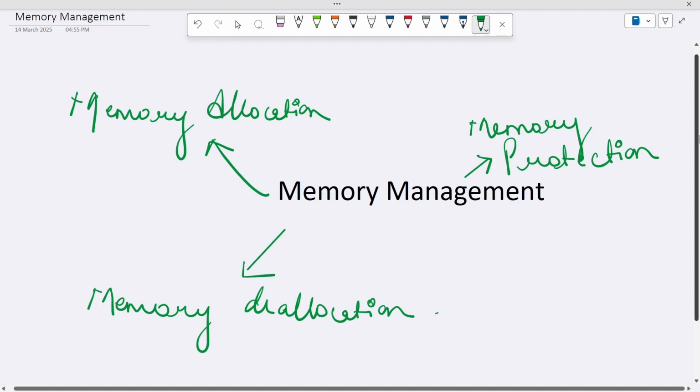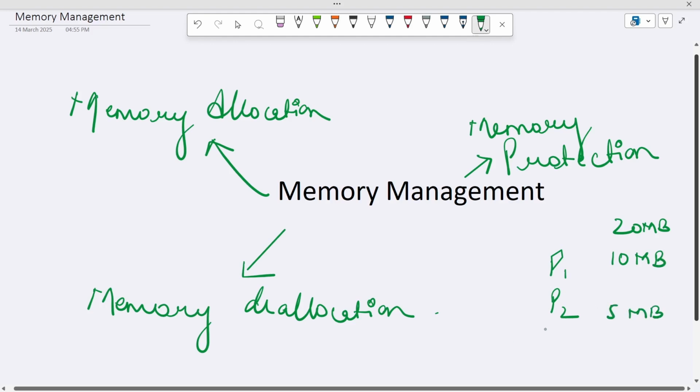In this way, it helps protect the memory allocated to each process from being corrupted by another process. For example, we have two processes in memory, P1 and P2. We allocate some part of memory to one process and another part to the other. Let's say we have 20 MB of space, so 10 MB goes to P1 and 5 MB goes to P2.